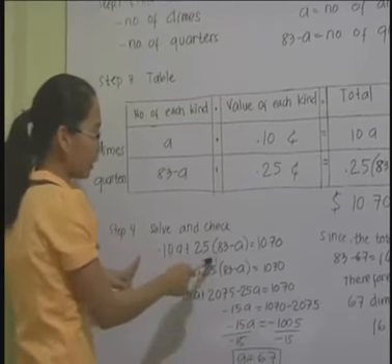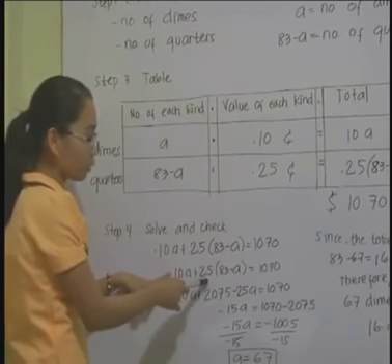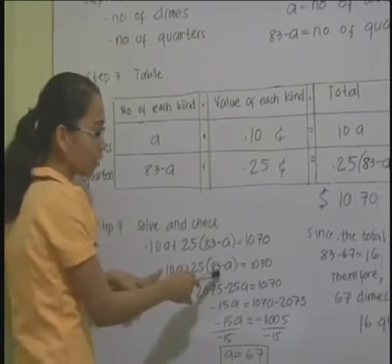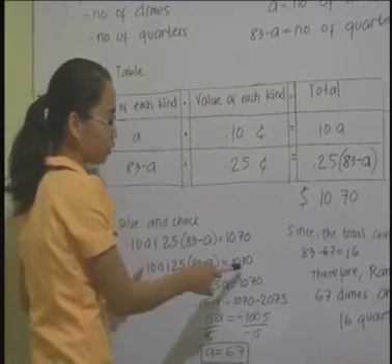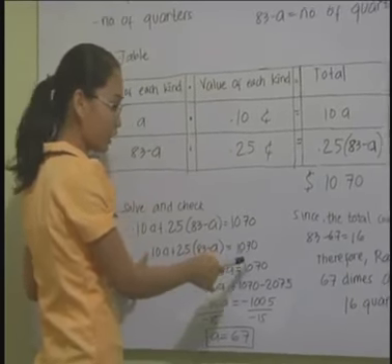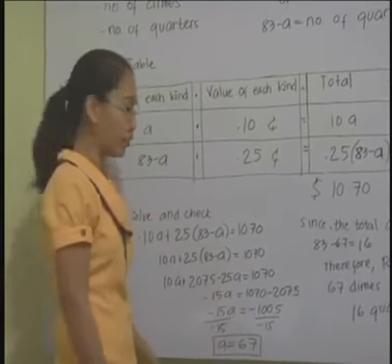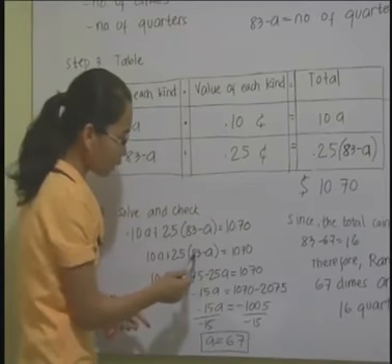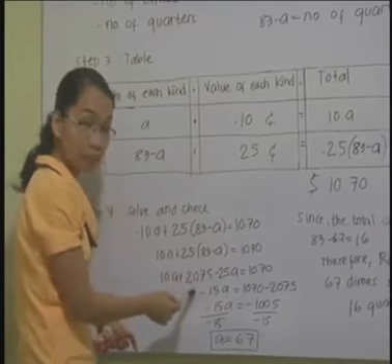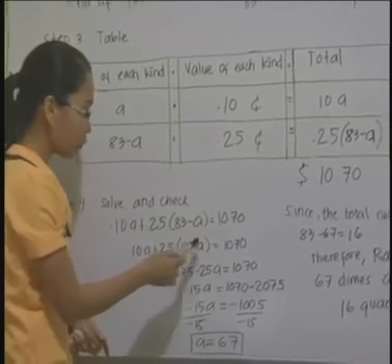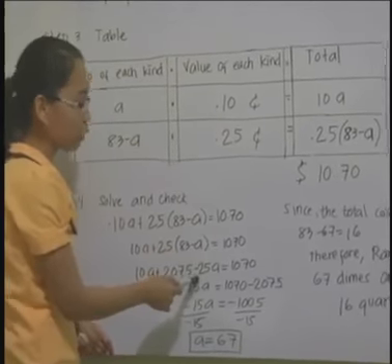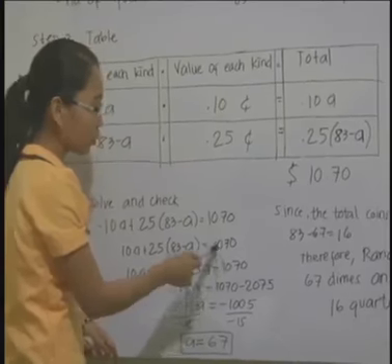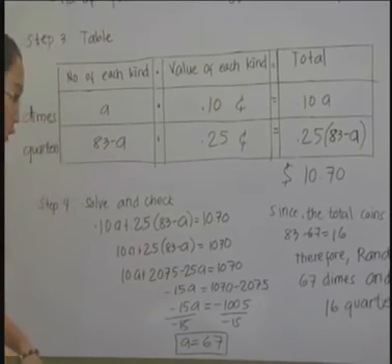So we get 10A plus 25 times 83 minus A is equal to 1070. Now 10A plus 25 times 83, that is 2075, minus 25 times A, that is negative 25A, is equal to 1070.